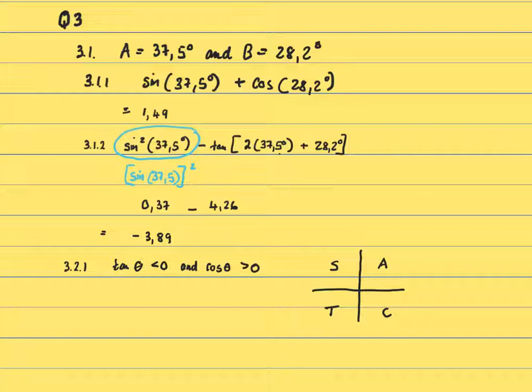Well, tan is positive in first and third, so tan must be negative in second and fourth. Then I take a different color. Where is cos positive? Well, cos is positive in first and fourth. Where do these overlap, i.e. where will they both be allowed at the same time? In the fourth quadrant.